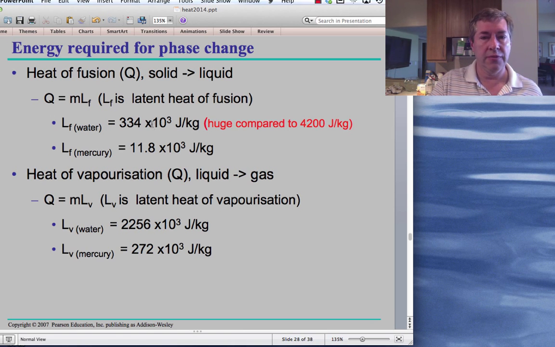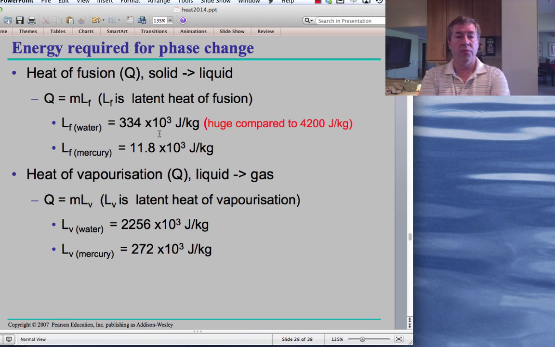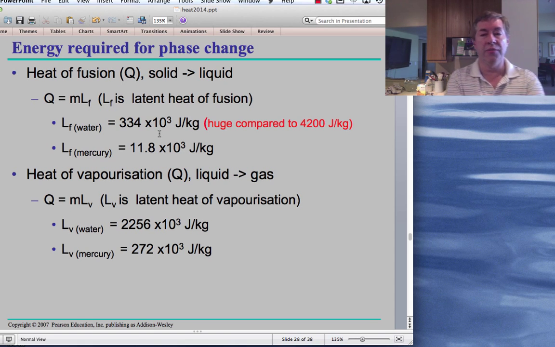Well, for water, wow, 300,000 joules just to melt a kilogram of water. That is really a lot.